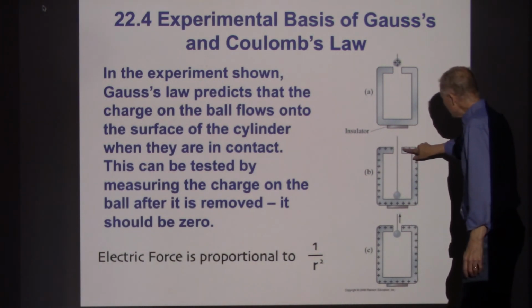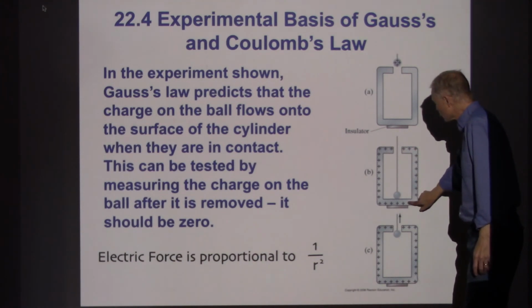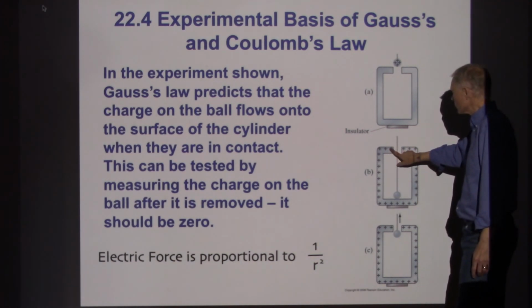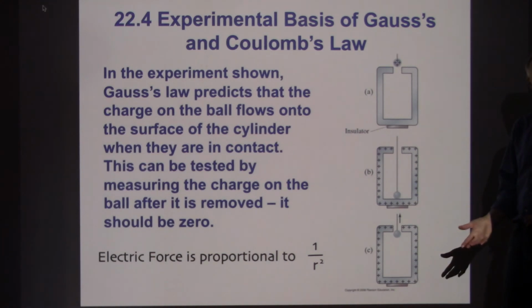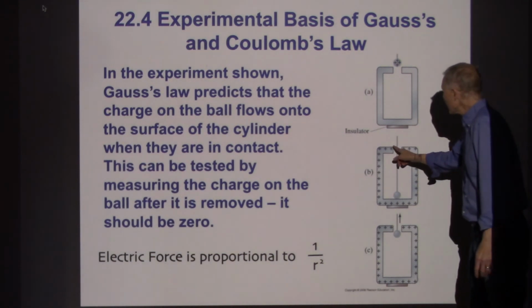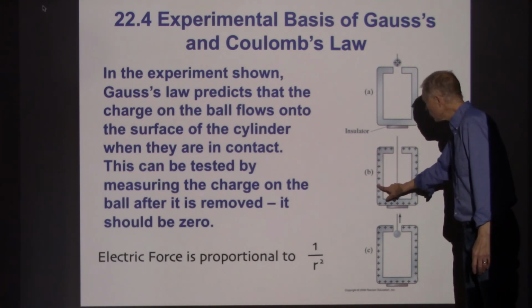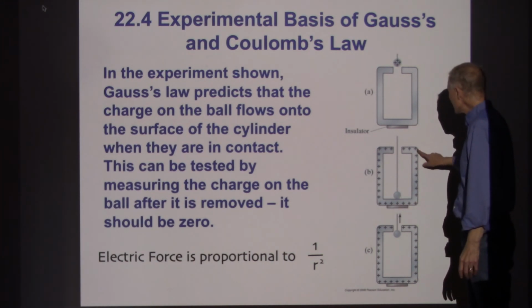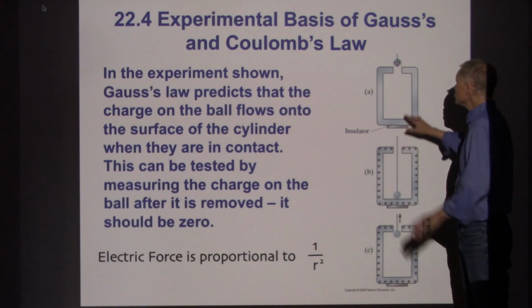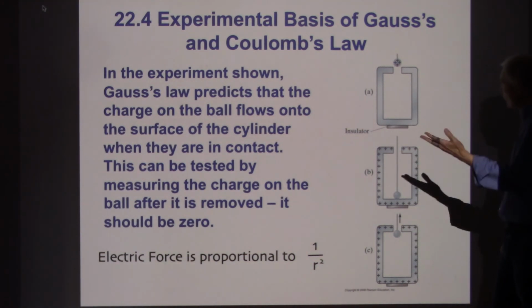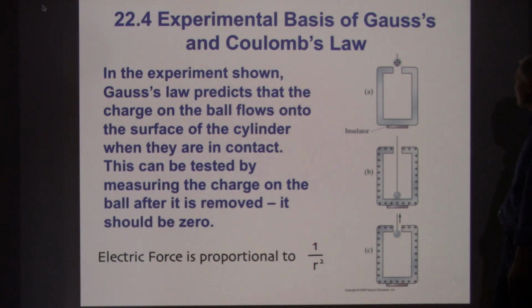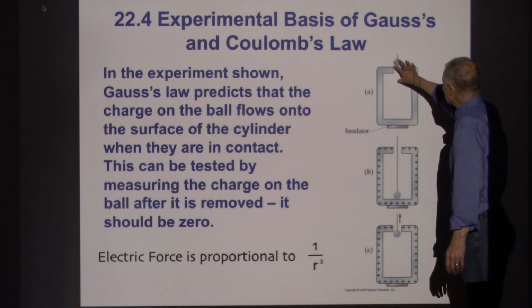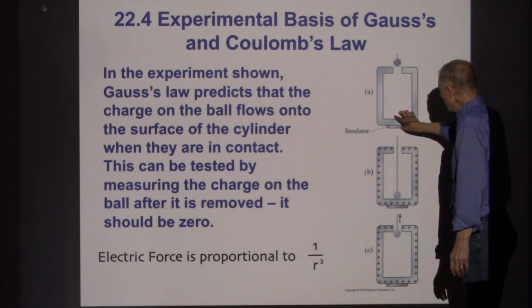Since the electrons have been drawn from this surrounding material, now that surrounding material will have missing electrons, and the depletion of electrons will show up along the outer surface. So we could set up an experiment like this. People have done this. It's a very sensitive experiment. We can drop this charged object inside.